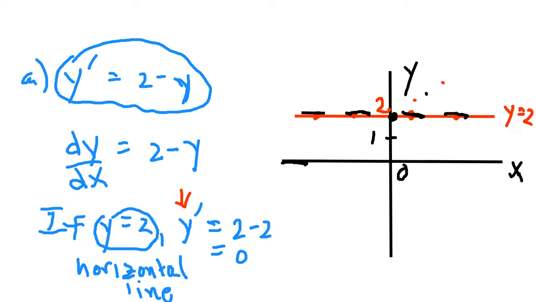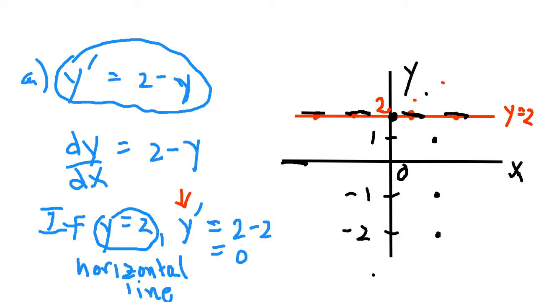I'll put 1 here, 0 here, -1, -2. And I'm going to put a point here, and a point here, and a point there.